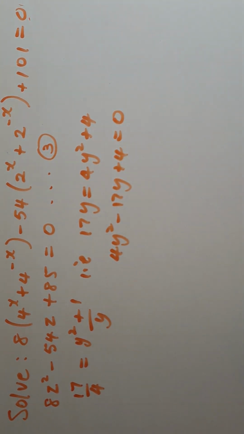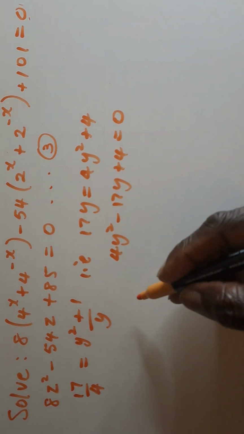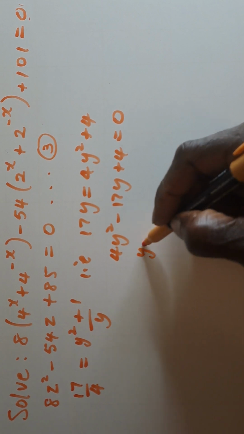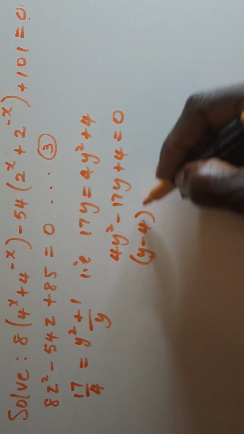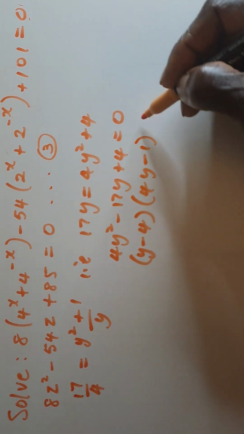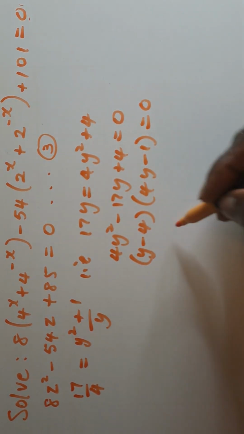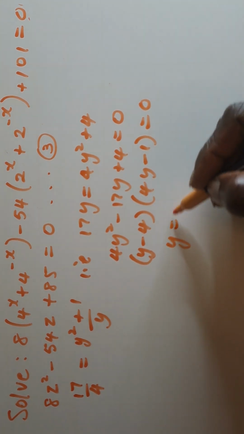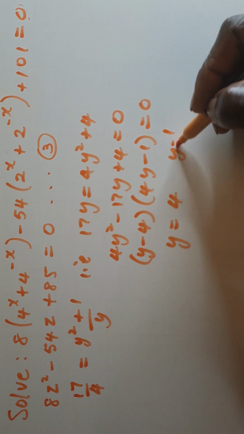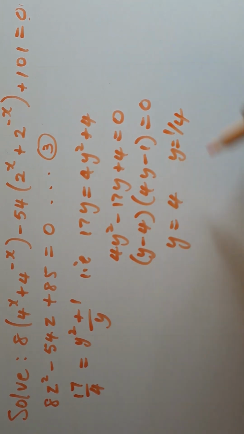Now we're solving this quadratic in Y, which allows us to factorize it as y minus 4 times 4y minus 1 equals 0, which gives us y equal to 4 and y equal to a quarter.